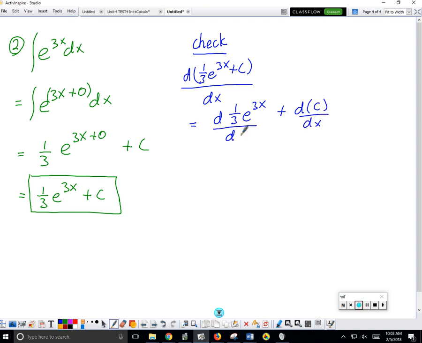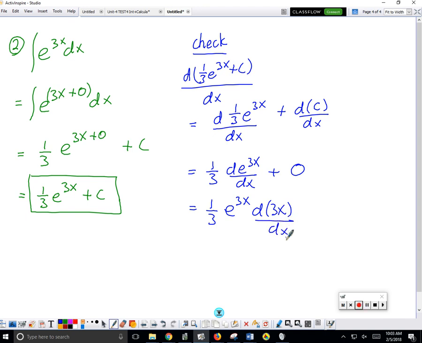The 1/3 is a multiplying constant, so it comes out, and you're left with d of e to the 3x over dx. The derivative of a constant is 0. For e to the something, its derivative is e to the something times the derivative of that something. Sorry, going a little fast. The derivative of 3x is just 3. 3 times 1/3 is 1. So it works.